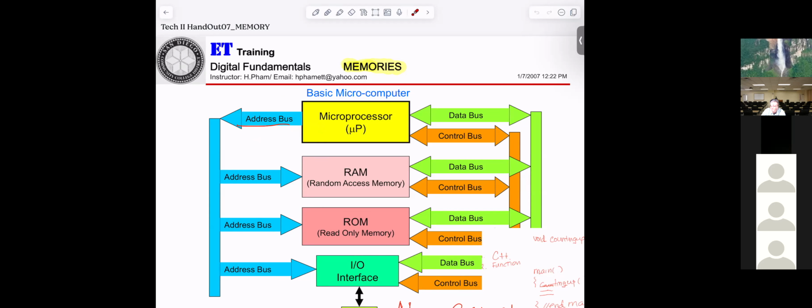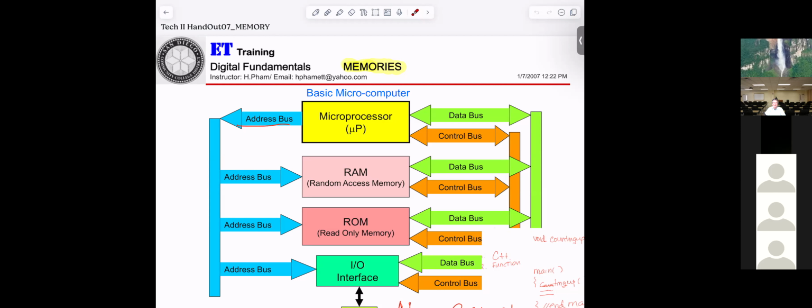How many wires? 32 or 64. 64, right? Yeah, right now it's 64. Yeah, normally i7, 64 wires. Okay.